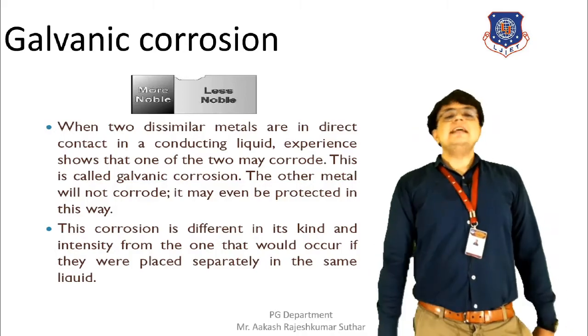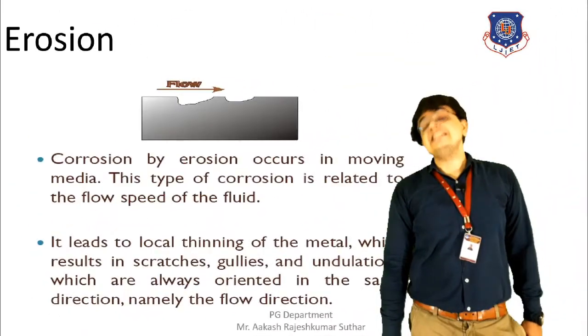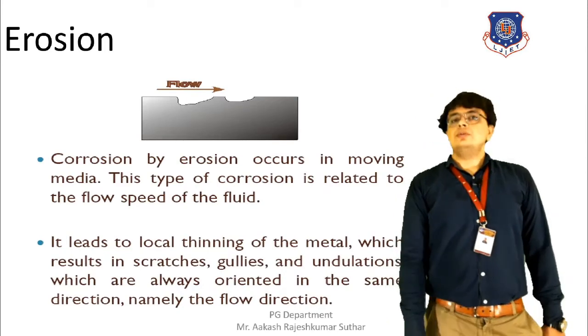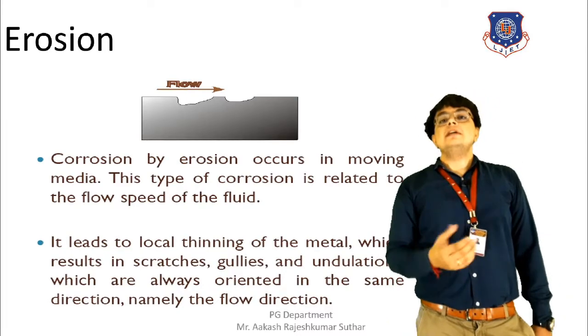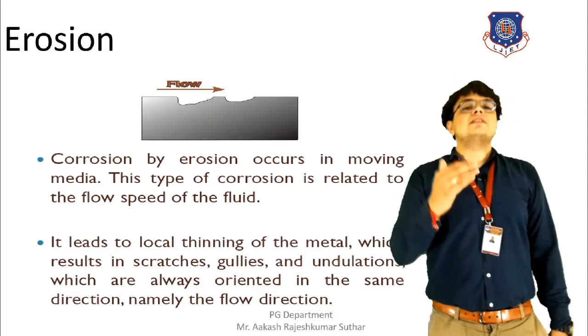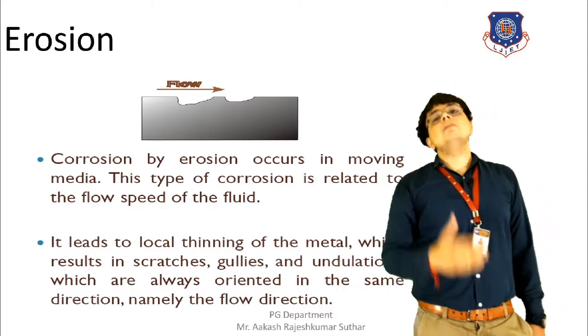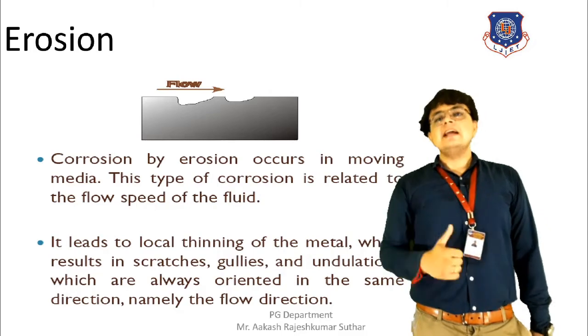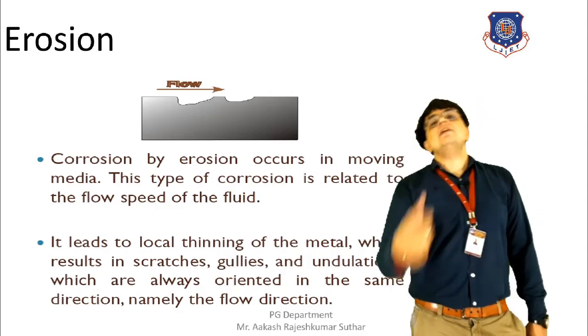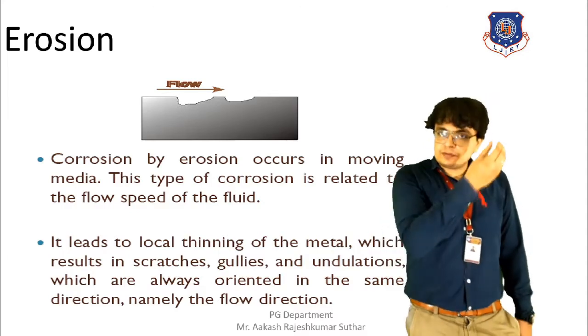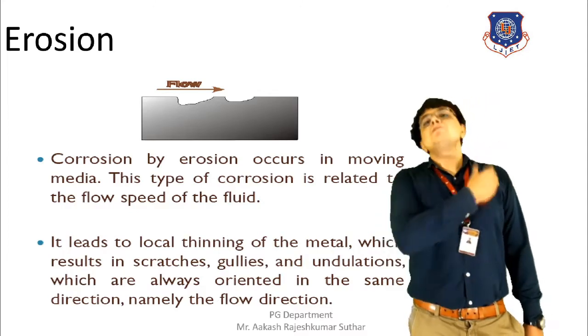Moving towards the next type of corrosion, that is erosion. Erosion is corrosion mainly taking place because of some moving media. Moving media can be wind, the flow of a river, or the flow of water through pipes.